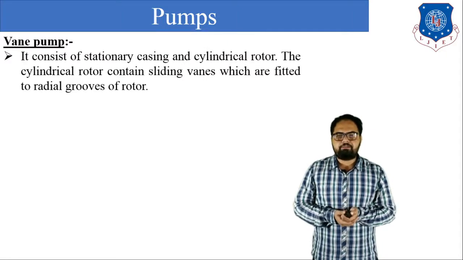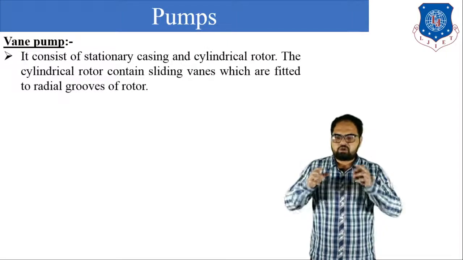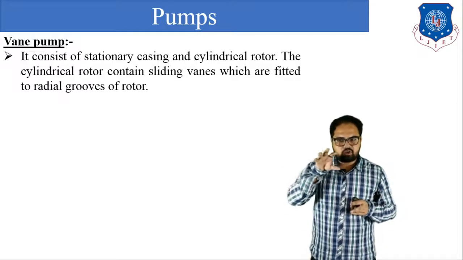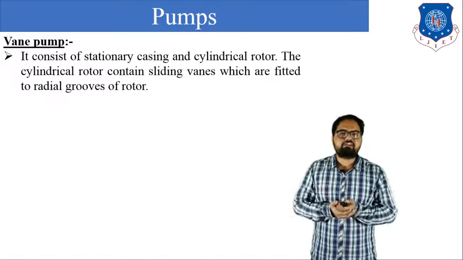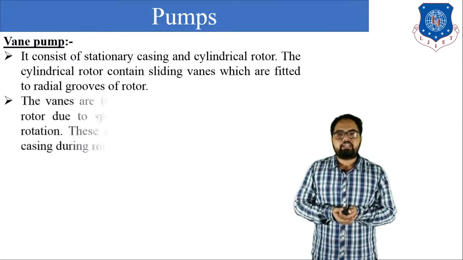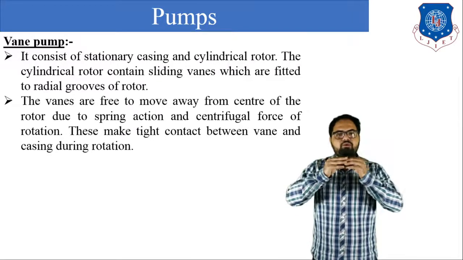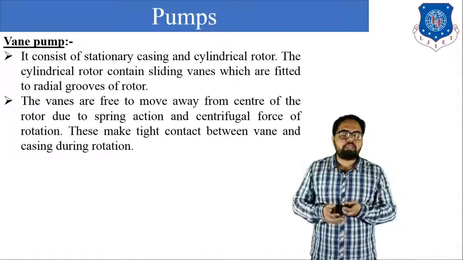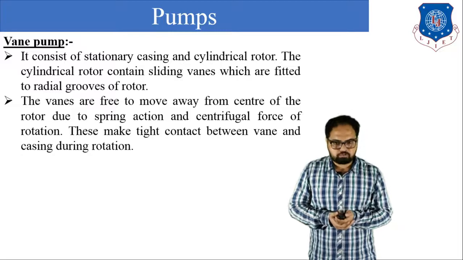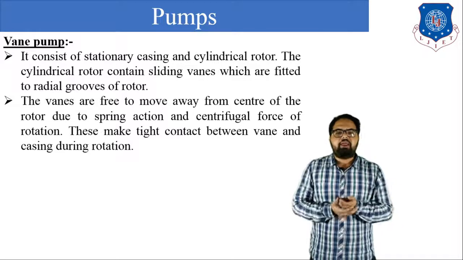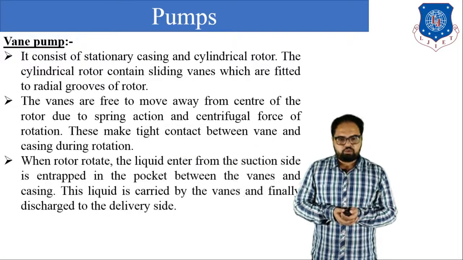So let's discuss the Vane pump in detail. It consists of a stationary casing and a cylindrical rotor. The cylindrical rotor contains a number of sliding vanes which are fitted in the radial grooves of the rotor. The vanes are free to move away from the center of the rotor due to spring action and the centrifugal force of the rotation, and this makes tight contact between the vane and the casing during the rotation.